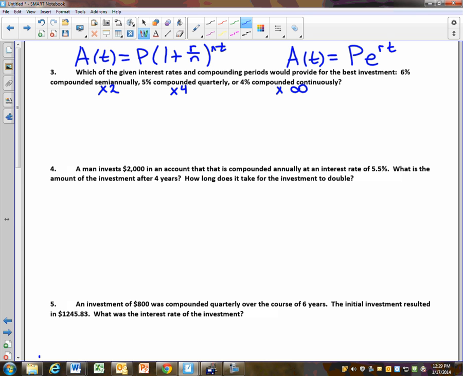We're going to see which one gives us the best option. Let's plug it in. The amount at time t, and we don't know the principal of our investment, so we'll just put P, times 1 plus the rate of the first one, 0.06 divided by 2, raised to the 2t power.